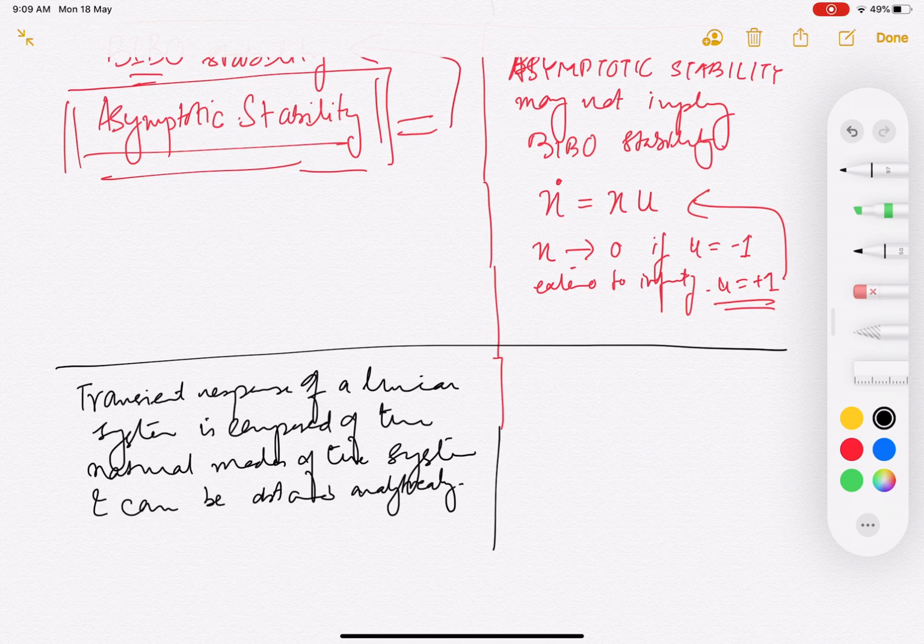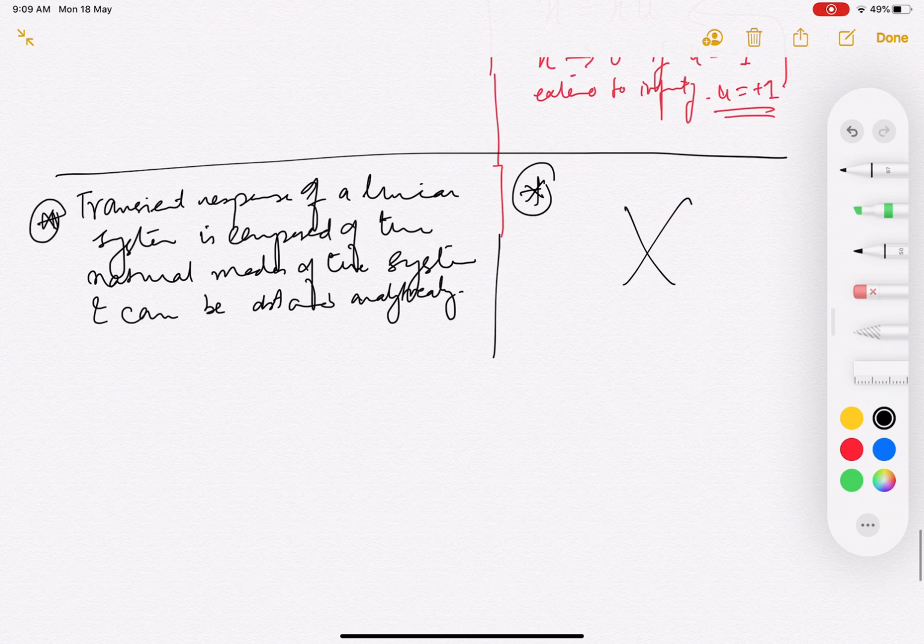This is another characteristic feature of linear systems which is not present in nonlinear systems, right?